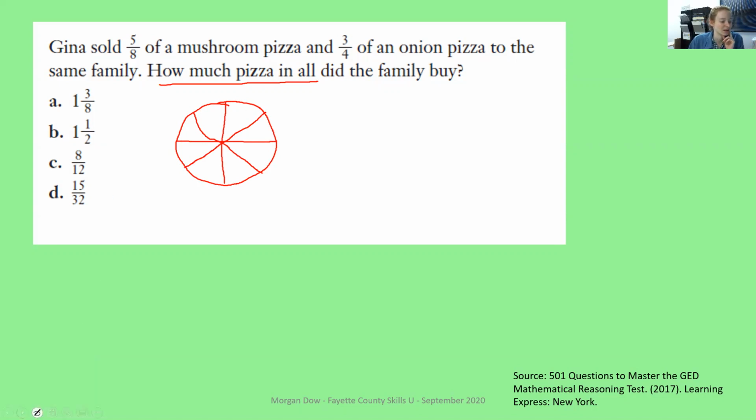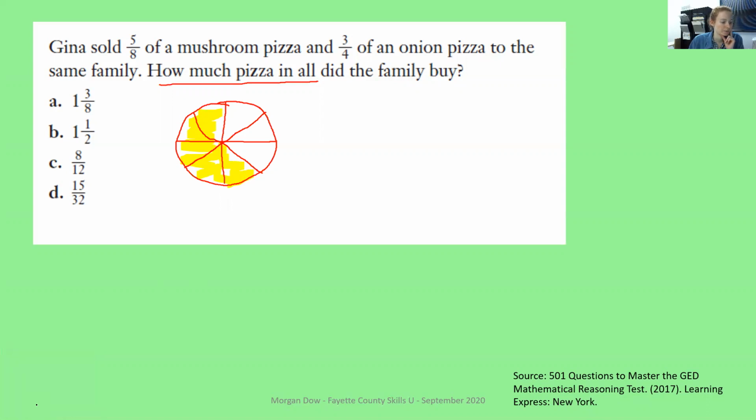We are talking about this family buying 5 of those slices. So 1, 2, 3, 4 slices plus another 5. So they're buying 5 out of 8 of those slices.